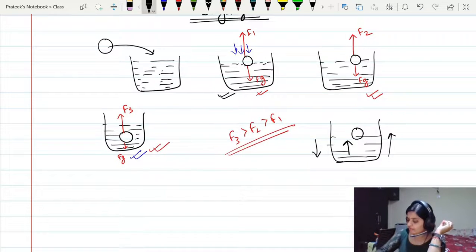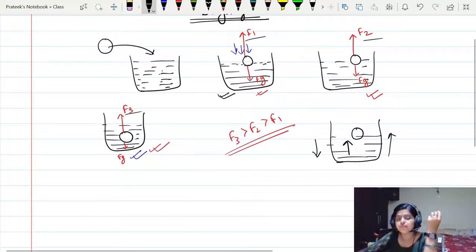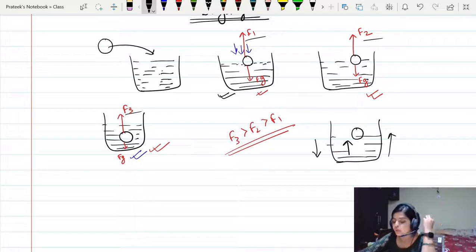Here, F1, F2 and F3 are the buoyant force or the upthrust. The magnitude of this buoyant force depends on the density of the fluid. To understand it more clearly, let us take another example.